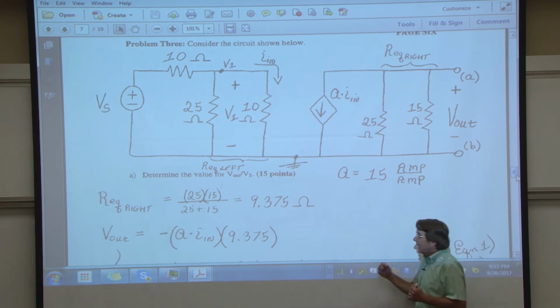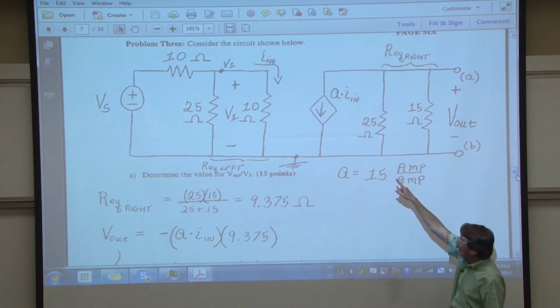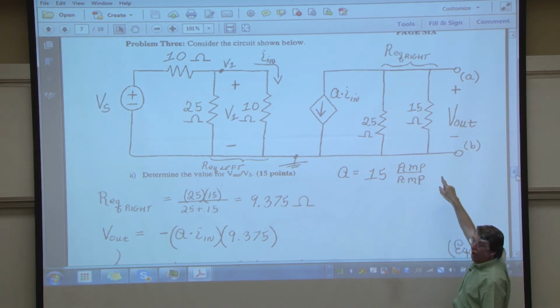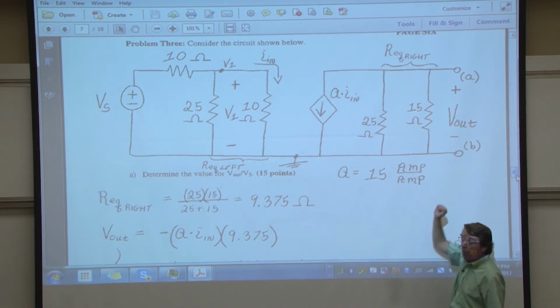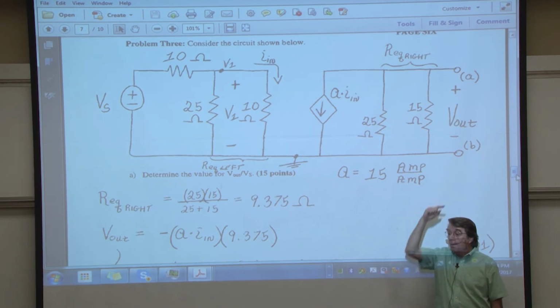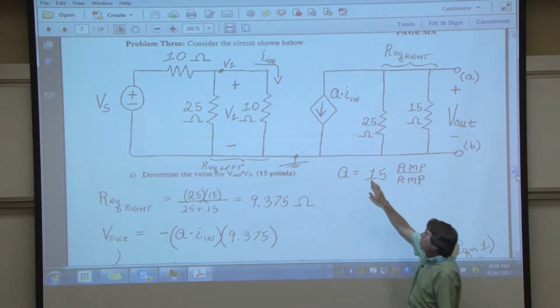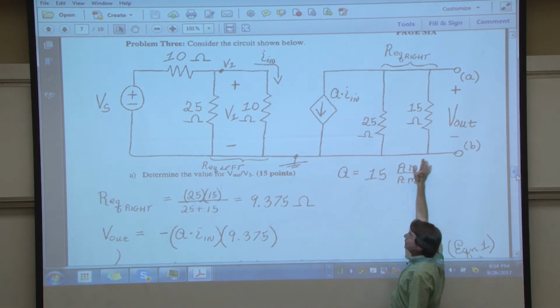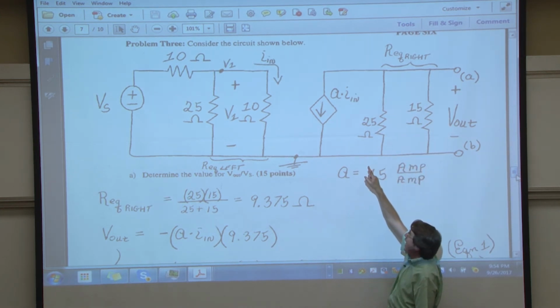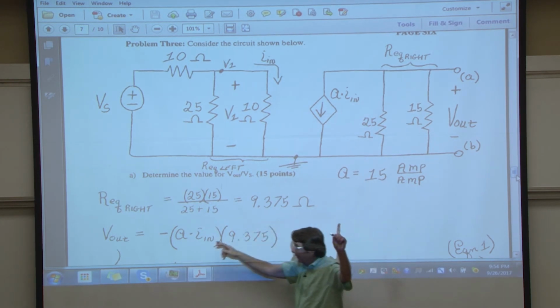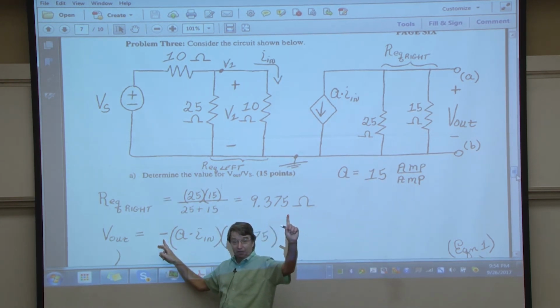That current is flowing down. So when it comes over here, which way does it go? Up. The opposite of what we would expect. Positive, negative is supposed to come down. So what is the value of this voltage? Ohm's law. A times I in times REQ. However, there's a minus sign.